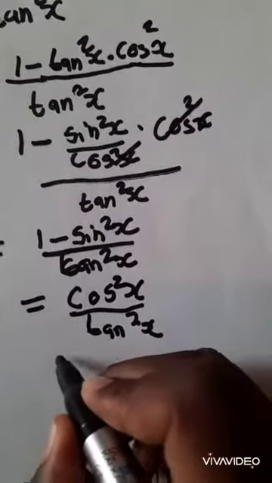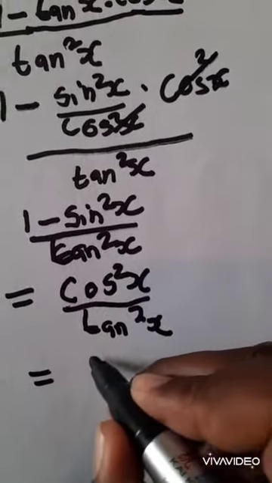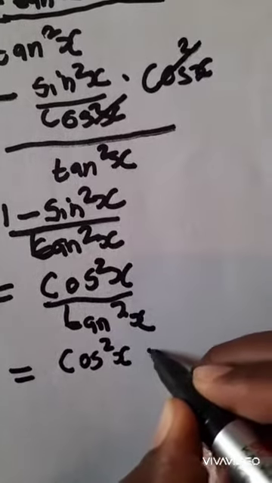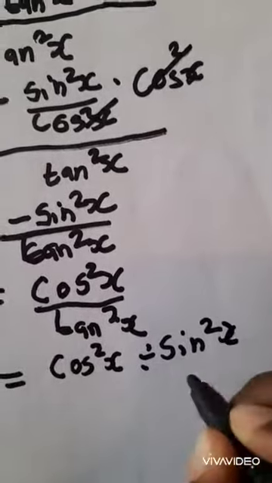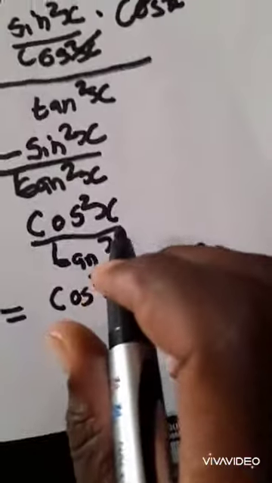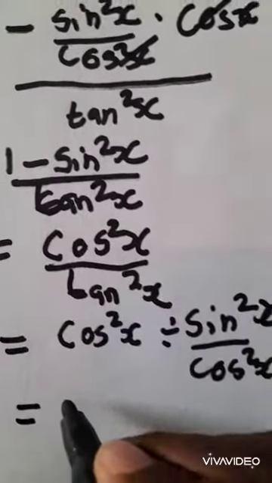So we can also change tan, since it's a quotient identity, to sine squared x divided by cos squared x.